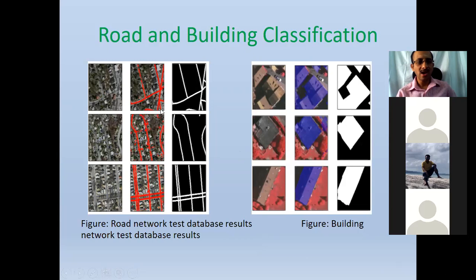These are all satellite images, and you want to see where the roads are, or where the buildings are. Now we have satellite images all across the globe, in fact over the whole of India. We want to know how much region has vegetation, how much has buildings, how much has roads.